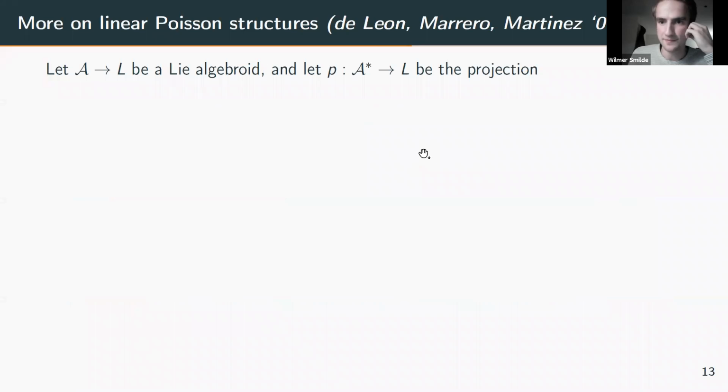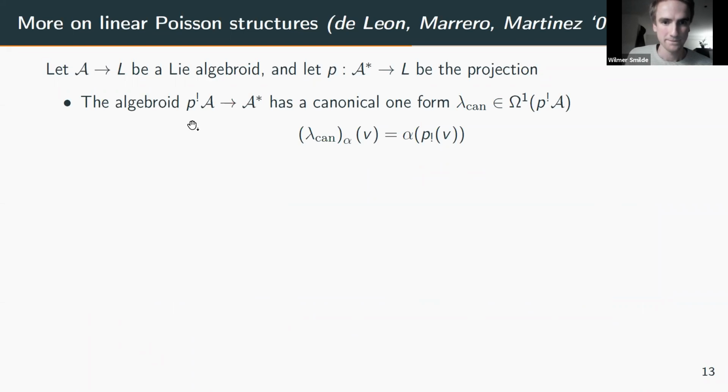So now let's look more generally at the Lie algebroid. So let's start with the Lie algebroid A over L and let p be the projection from its dual to L. If you pull back the Lie algebroid A to its dual space, then this one carries a canonical 1-form, defined in a very similar way.